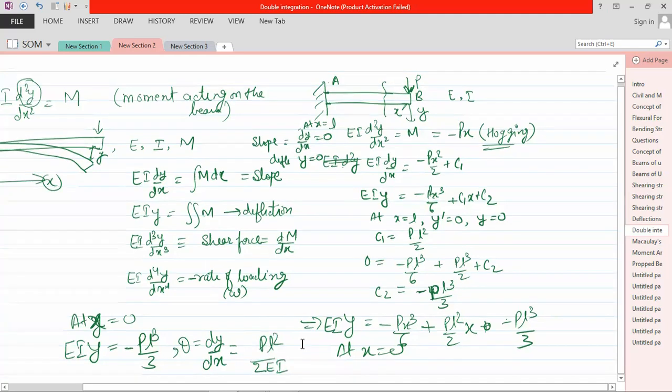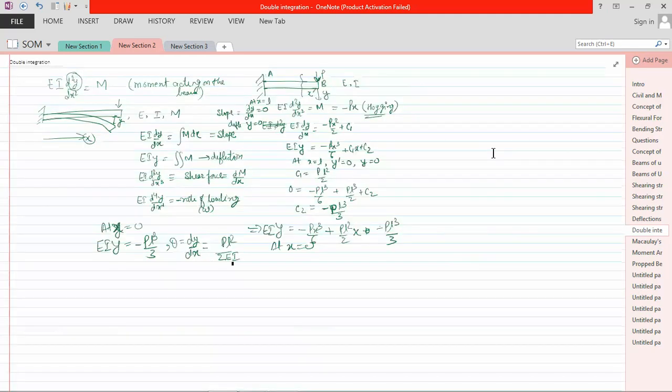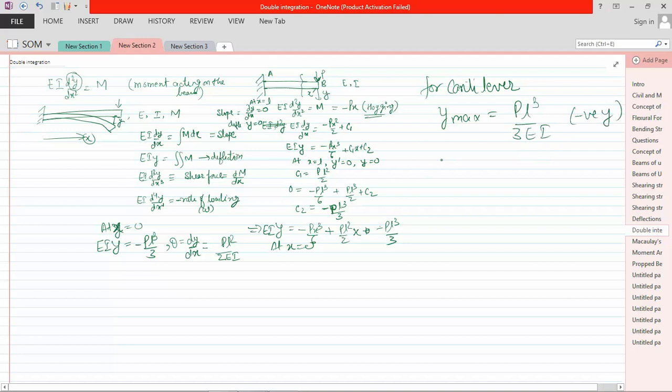So for the cantilever, what we got from the double integration method is y maximum equal to PL cube by 3 EI in negative y, and theta maximum, that is slope, equal to PL square by 2 EI. So this is the condition for a cantilever with a point load.